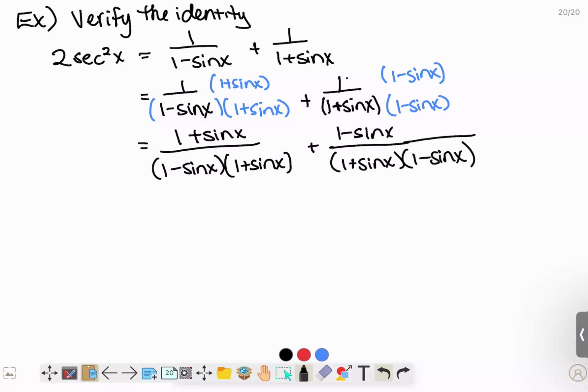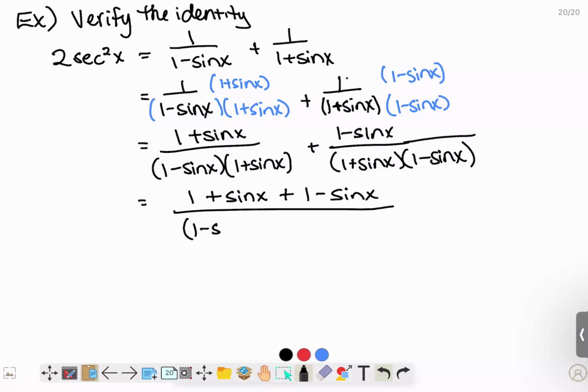Okay, don't try to cancel anything because that's going to take you back to where we came from. Instead, we're going to add them. So add the numerators, the 1 plus sin x plus the 1 minus sin x. Just a note here that when you're subtracting, put the second numerator in parentheses. It's important for subtraction.